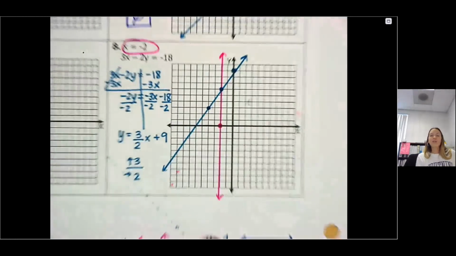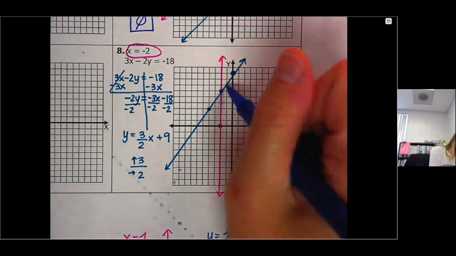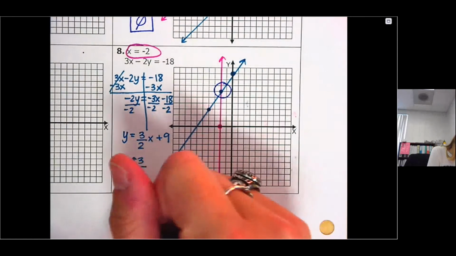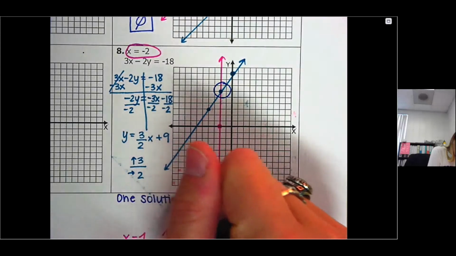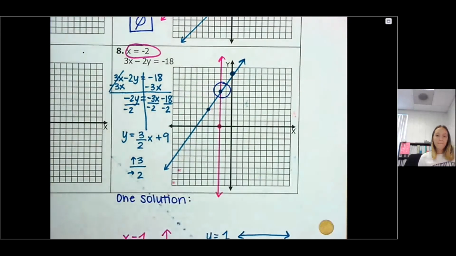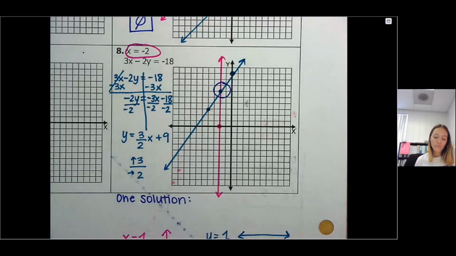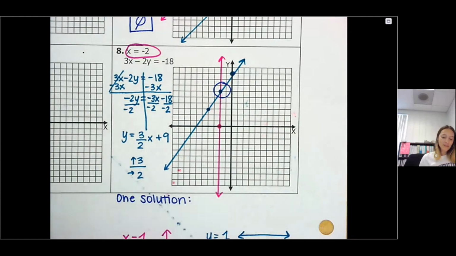But the question is, what is that solution? Down 3. Negative 3 over negative 2. Laura got negative 2/6. Do we agree or disagree with her?